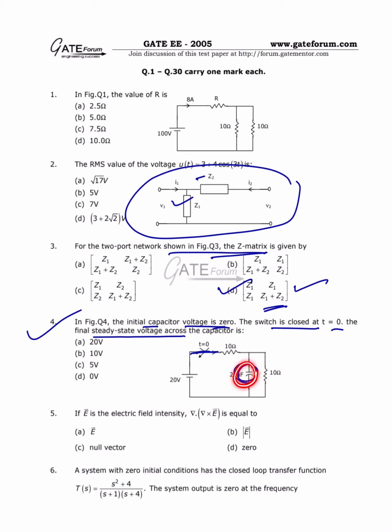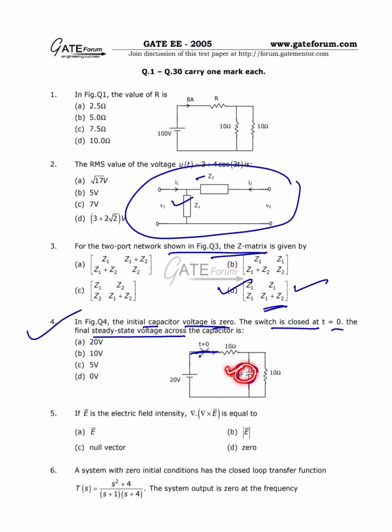This is the parallel circuit. Once this capacitor is charged, the current flowing through this is 0, because it is fully charged, meaning it will try to give the current in this direction, but due to this source the current will try to come this way. So both will cancel each other. So the current flowing through this is 0 for t equal to infinity. So total current will be flowing like this. That means this is like an open circuit.